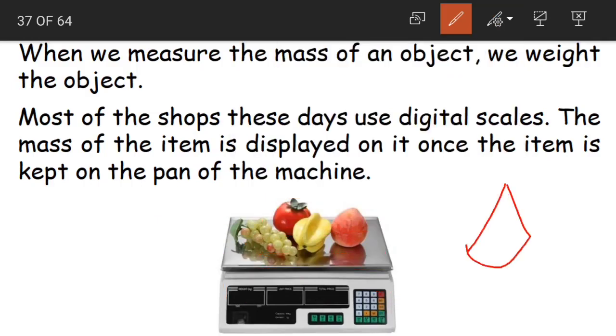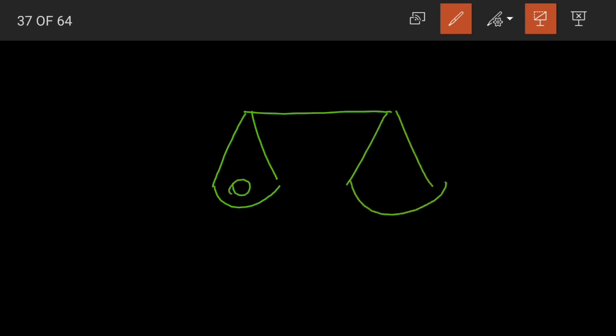Whereas in a balance, we have to first put the weight in one pan and then put the objects in the other pan. See, children, this is our balance, right? Now in this pan I have the weight and in this pan I have the objects.